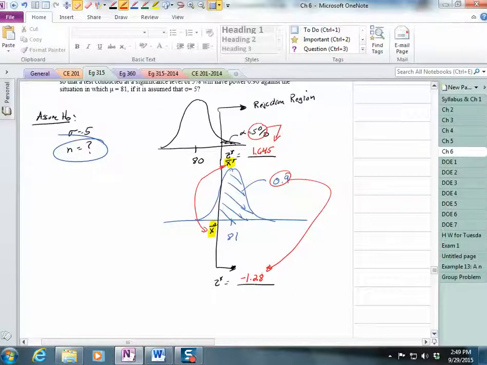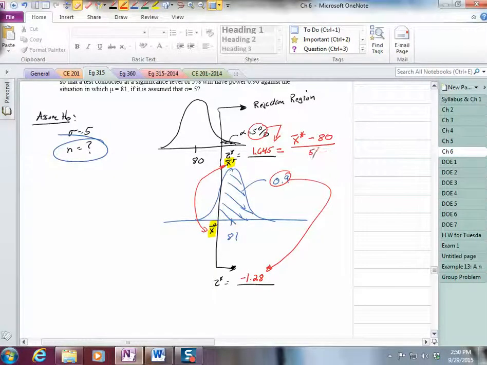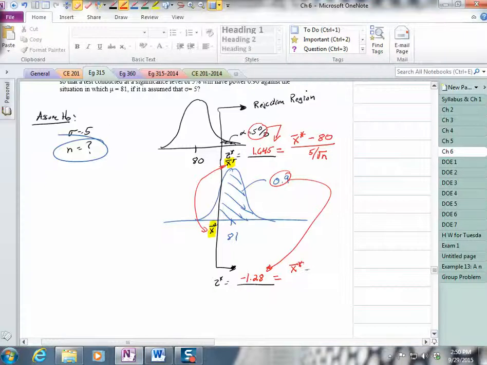All right, so now let's take a look at this. So from this top distribution, we can get an expression for x bar star, right? X bar star minus the mean of 80 divided by 5 over the square root of n, whatever it is. For the bottom one, that's going to be the same x bar star minus the mean of that distribution divided by 5 over the square root of n.